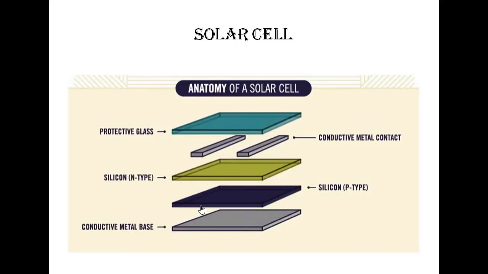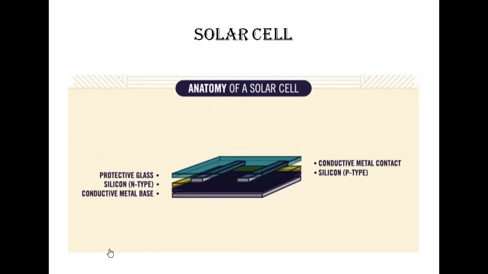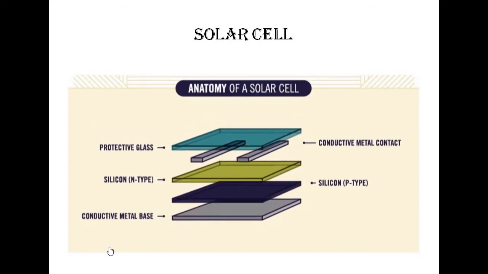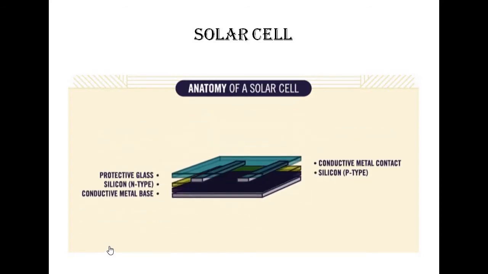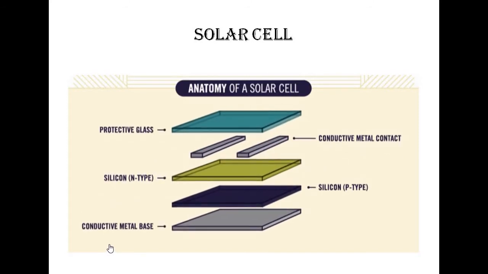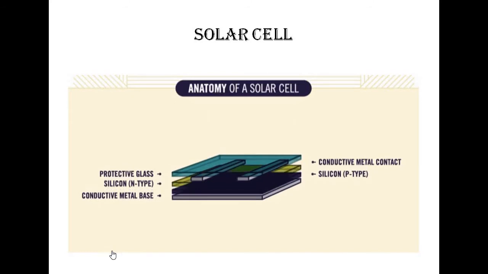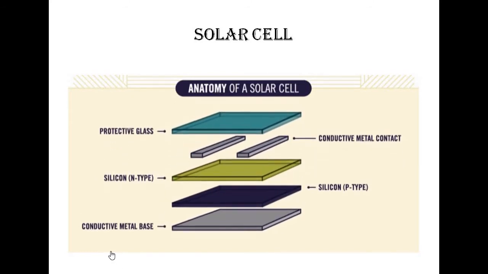After that, we have to discuss the basics related to the solar cell. If we observe here, it consists of a conductive metal base which acts as the anode, a conductive metal contact which acts as the cathode, protective glass, that is a glass window on the top surface of n-type material, then p-type and n-type semiconductor which is used to form the p-n junction.